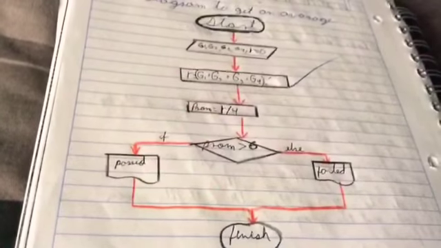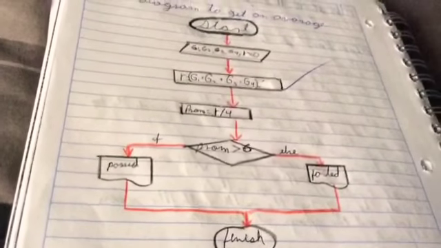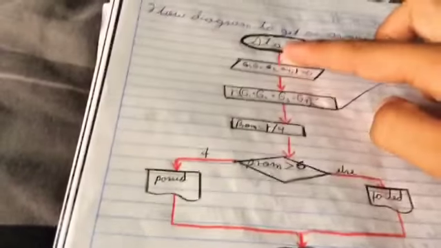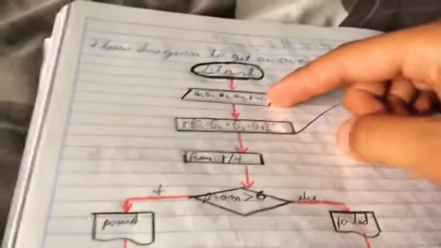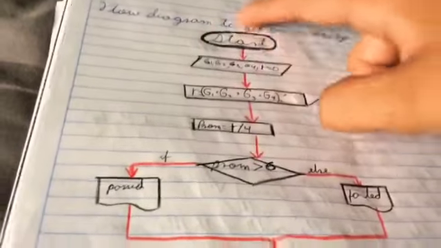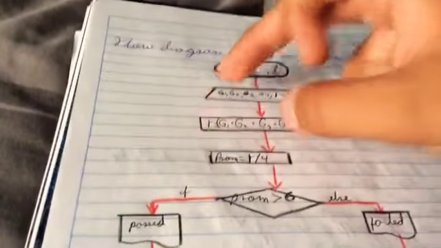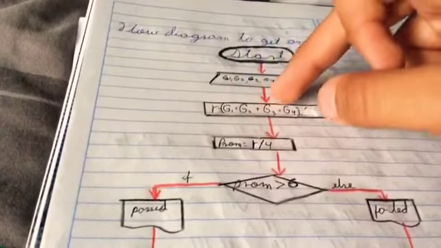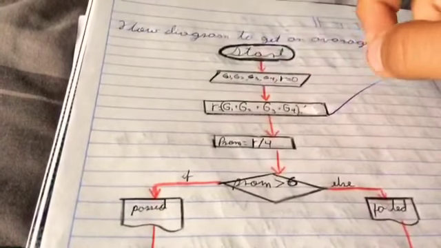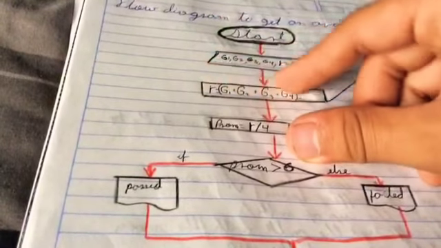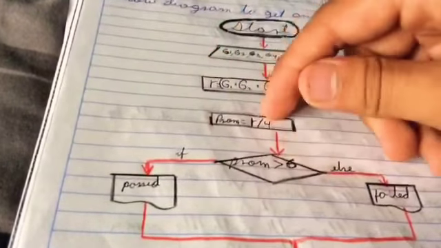So here is the flowchart, instead of the flowchart of the coins. This flowchart is about how to get an average. So you start the flowchart, as all flowcharts, with a circle with start. Then you input the data that are grade 1, grade 2, grade 3, and grade 4, and the result equal to 0, because you are going to make an addition of all these quantities.